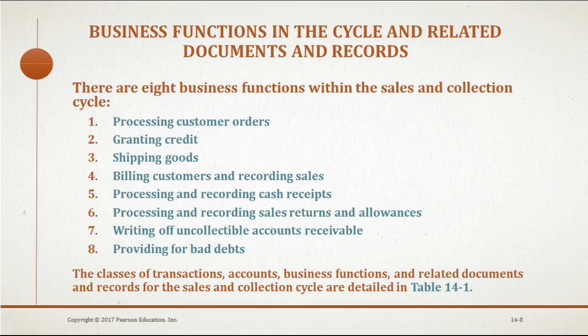They are processing customer orders, granting credit, shipping goods, billing customers and recording sales, processing and recording cash receipts, processing and recording sales returns and allowances, writing off uncollectible accounts receivable, and lastly, providing for bad debts.